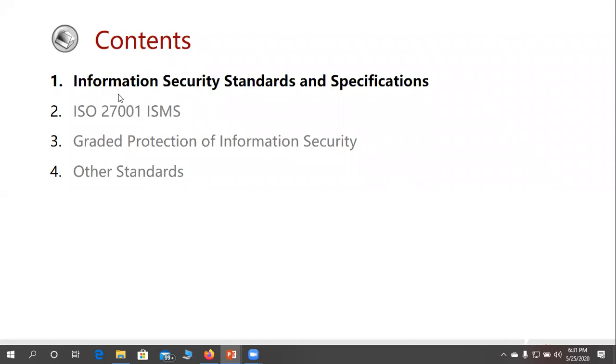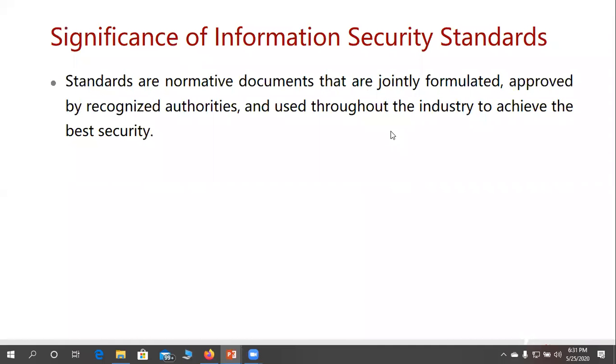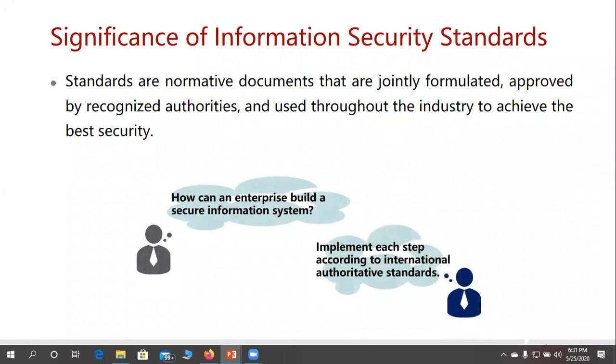Okay, so we'll start with information security standards and specifications. Significance of information security standards. So standards are normative documents that are formulated and approved by recognized authorities and used throughout the industry to achieve the best security.